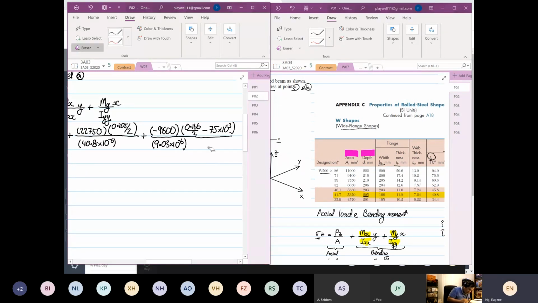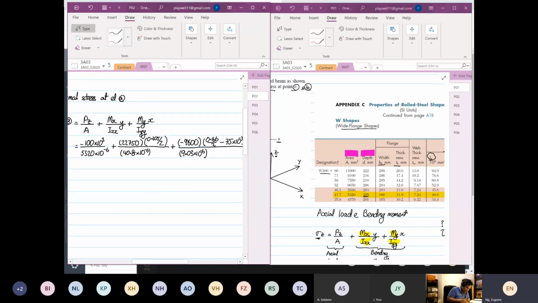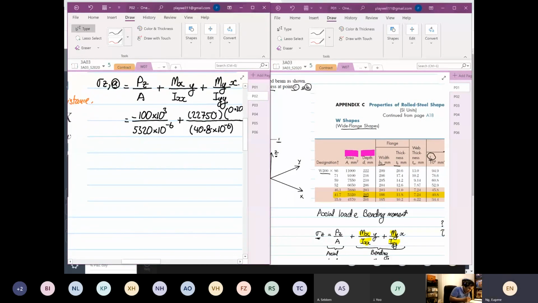So that is your solution. From here we start calculating this out.